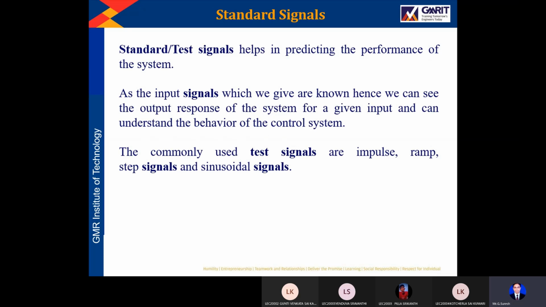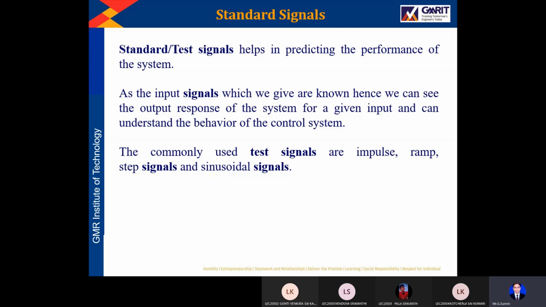Standard or test signals help in predicting the performance of the system. When we build or design a system, we feed some input signals, and these input signals are the signals whose behavior we know.